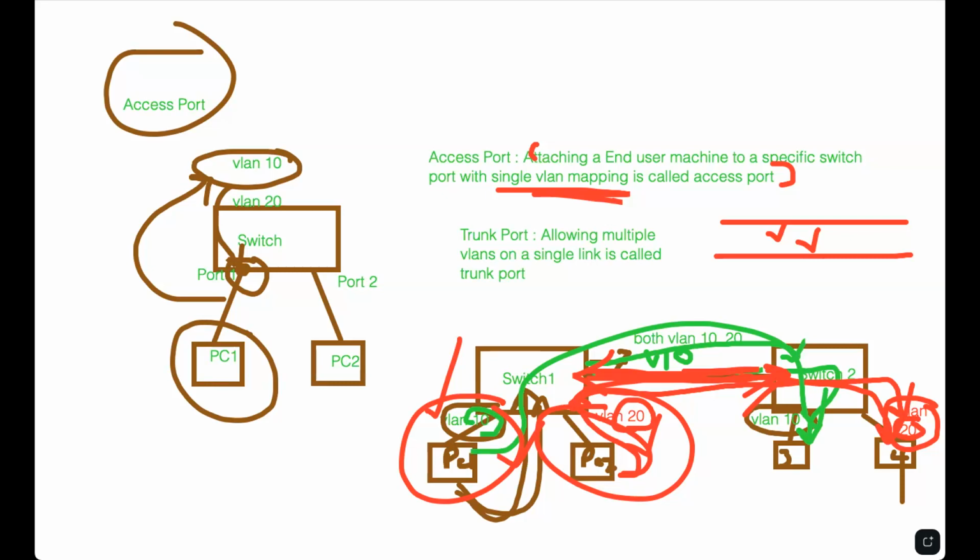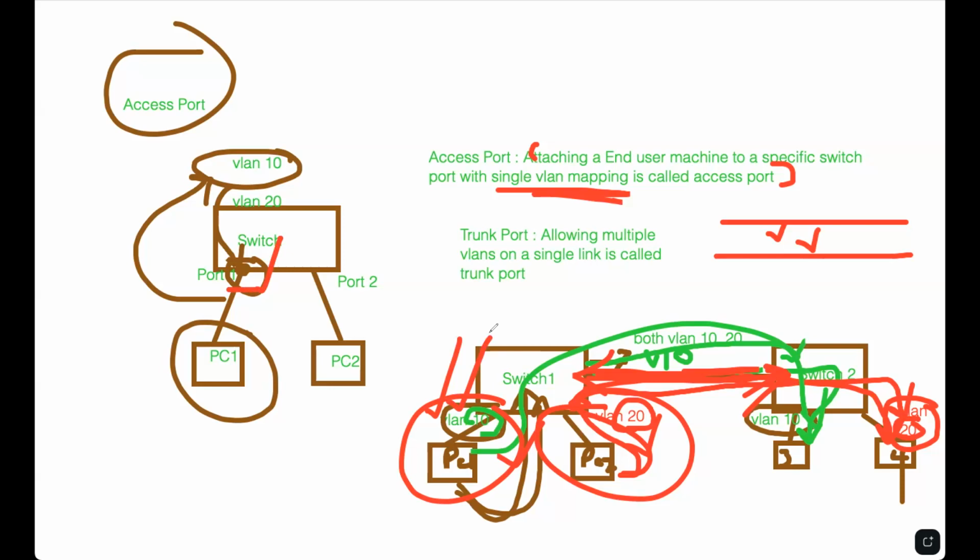No, even here the ports are there, right? Switch 1, port 1 is connected to PC1. Switch 1, port 2 is connected to PC2. We are attaching the VLAN to that specific access port. If you observe, this is still an access port here, and this is also an access port here, right? There is no change. Do we have an access port here or not?